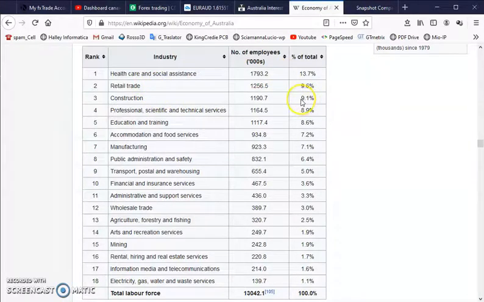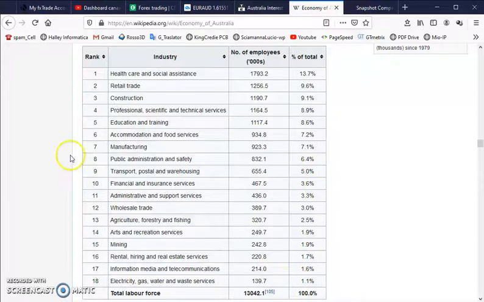Construction is 10% of the economy, technical and scientific services 9%, education near 9%, food and services 7%, manufacturing 7%, public administration and safety 6.4%, agriculture, forestry and fishing 2.5%, and electricity, gas 1.1%.